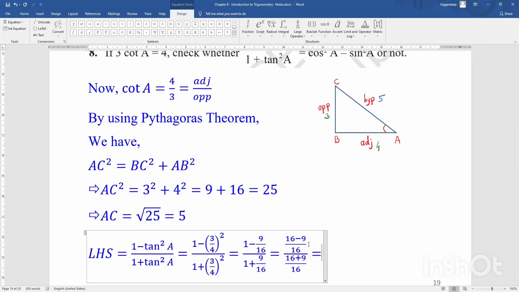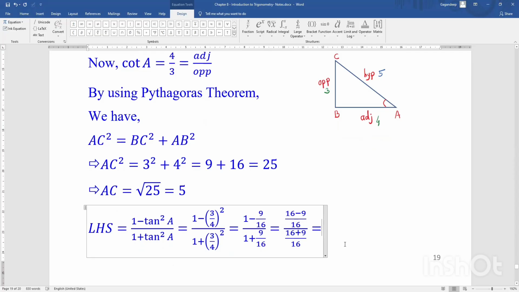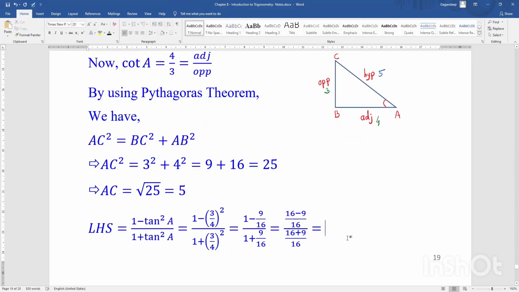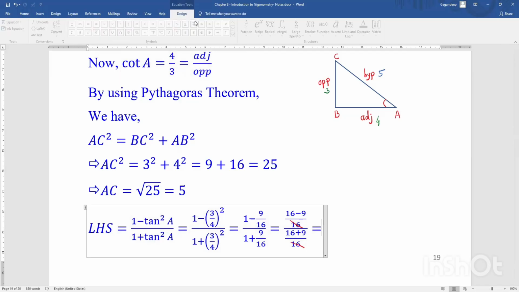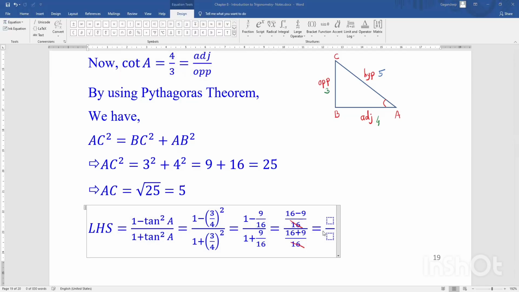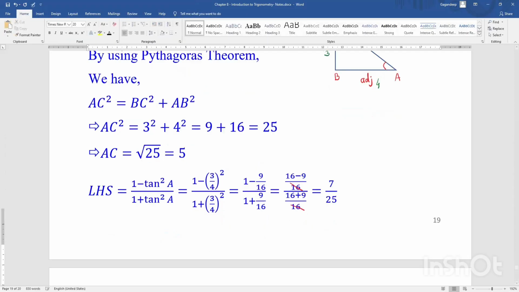As usual, 16 and 16 get cancelled here. Now I can write it as 7 by 25, since 16 minus 9 is 7 and 16 plus 9 is 25. So that's our final answer.